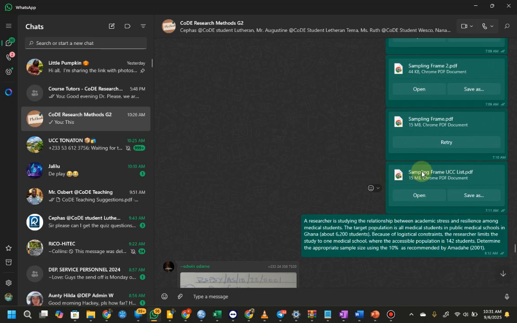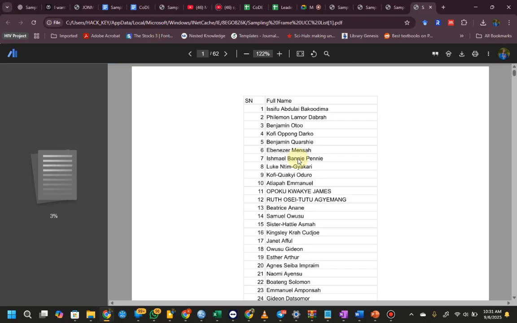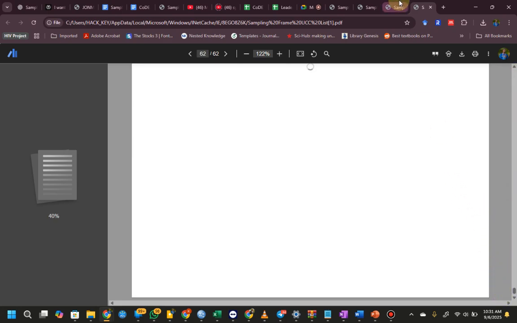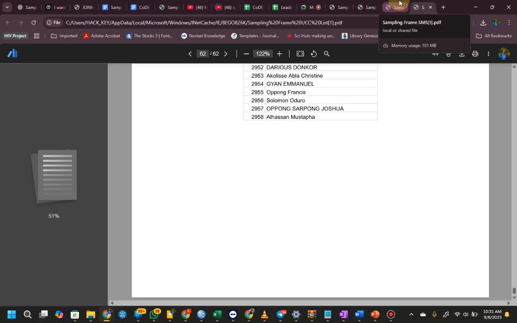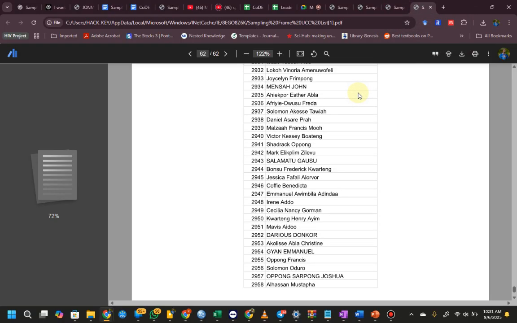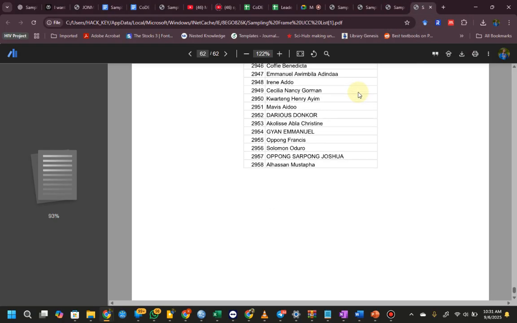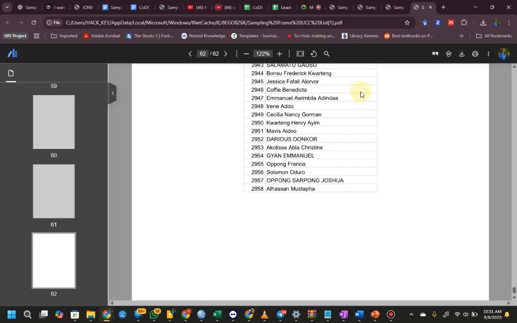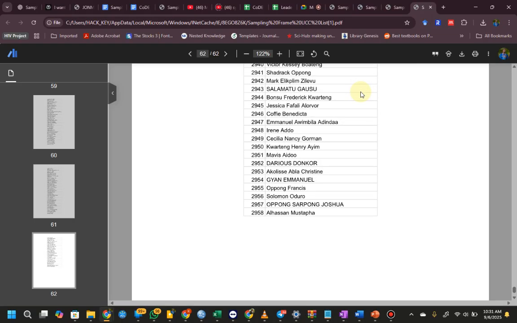This one. It's a long list. Their population is 29582. It's the last page.